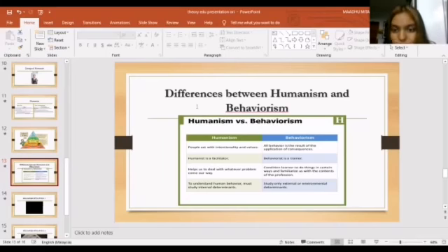Behaviorism conditions learners to do things in certain ways and familiarizes us with the contents of the profession. Humanism, to understand human behavior, must study internal determinants. But behaviorism studies only external or environmental determinants.